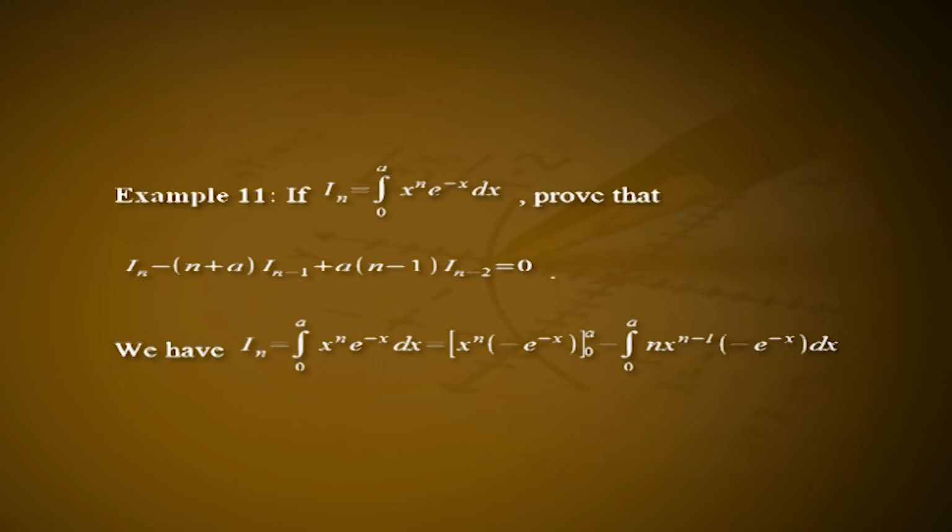We have Iₙ is equal to integral from 0 to a of xⁿ e^(−x) dx, which is equal to xⁿ × (−e^(−x)) between the limits 0 and a, minus integral from 0 to a of n xⁿ⁻¹ × (−e^(−x)) dx, that is equal to −aⁿ e^(−a) + n × integral from 0 to a of xⁿ⁻¹ e^(−x) dx.